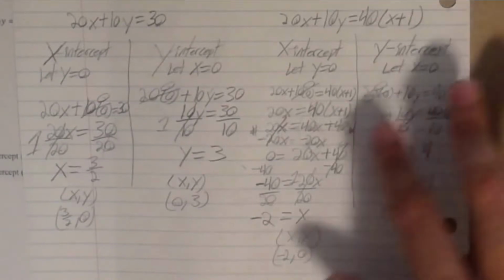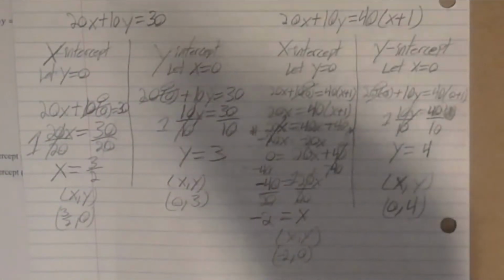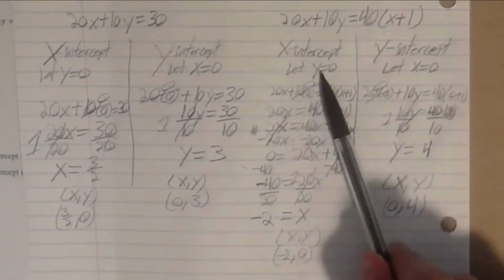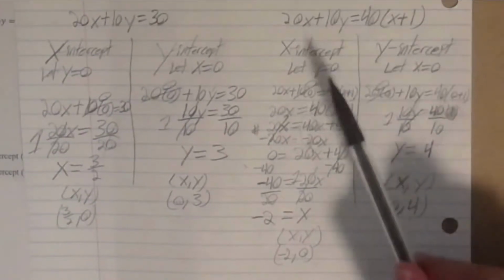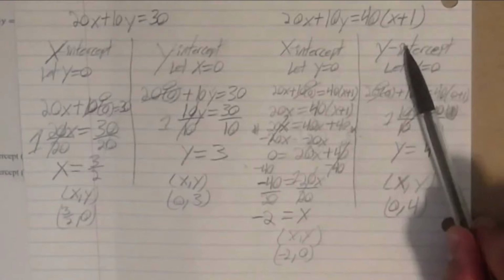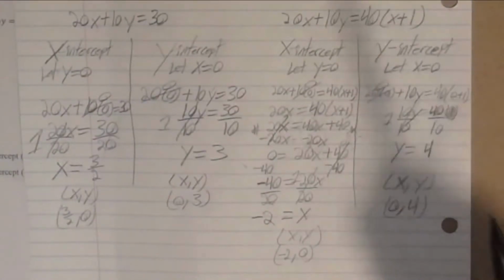Okay, yeah, see. The main idea is we figured out how to find the x-intercept. We have to let y equal 0. How do we find the y-intercept? We have to let x equal 0.